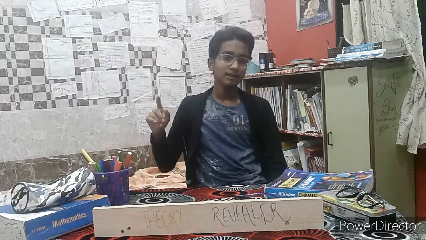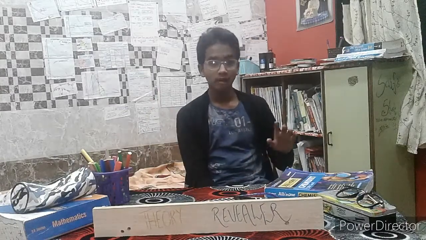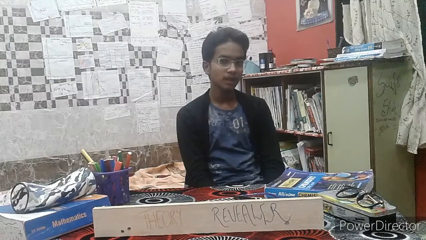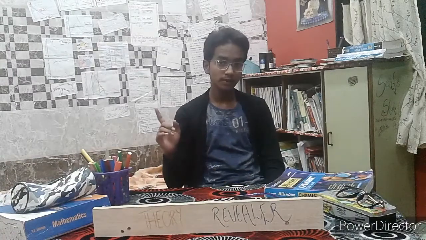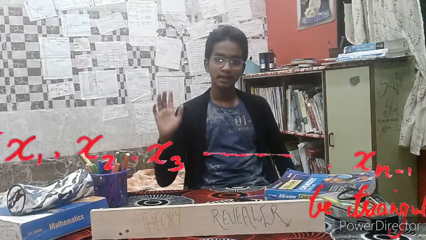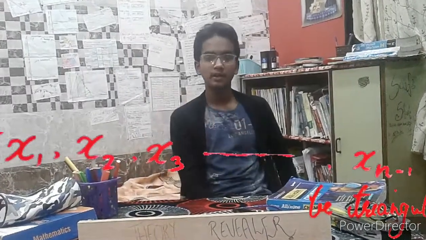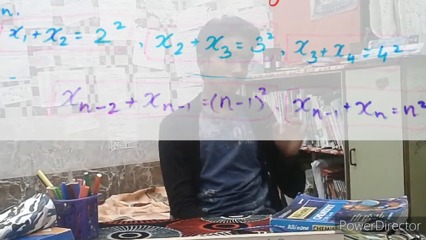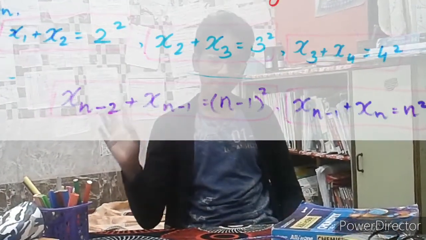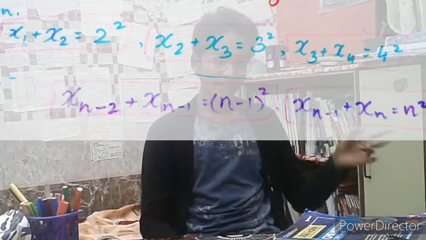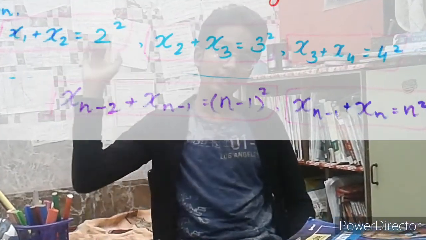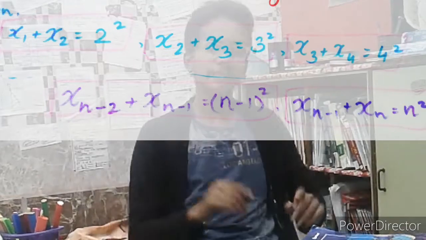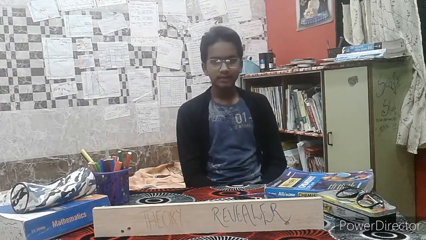Say you don't know the values of the triangular numbers, and you have to find them by this property. First, let's assume that x1, x2, x3, up to xn are the triangular numbers. By the property, x1 plus x2 equals 2 square, x2 plus x3 equals 3 square, x3 plus x4 equals 4 square, and up to x(n minus 1) plus xn equals n square. That's pretty simple.